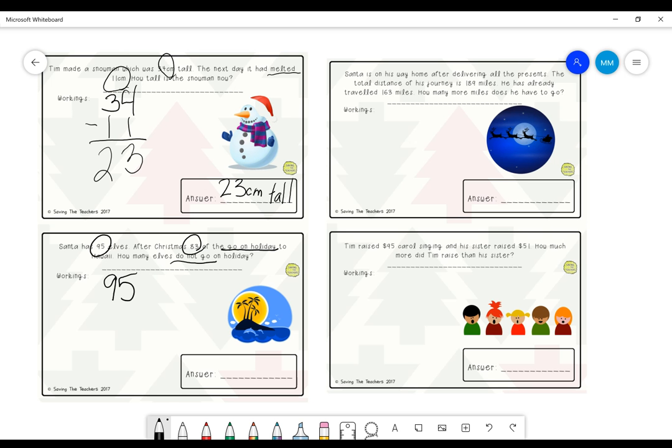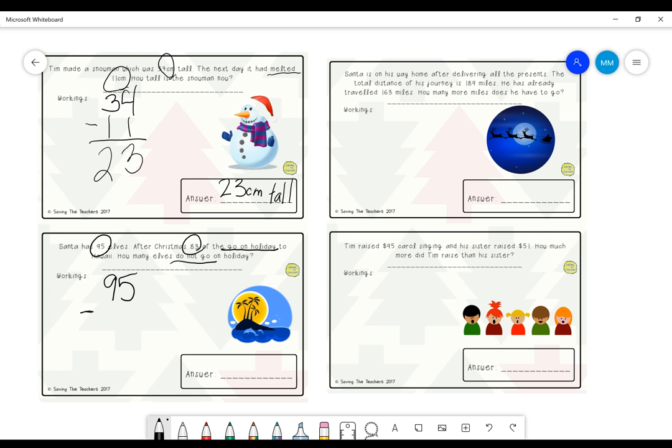So if they are leaving, are we losing some elves or are we getting more elves? We are losing some elves. They're going to come back, but they are leaving to go on holiday. So if they are leaving, does that mean that we are going to be adding more elves or taking away some elves? We're going to be taking away.